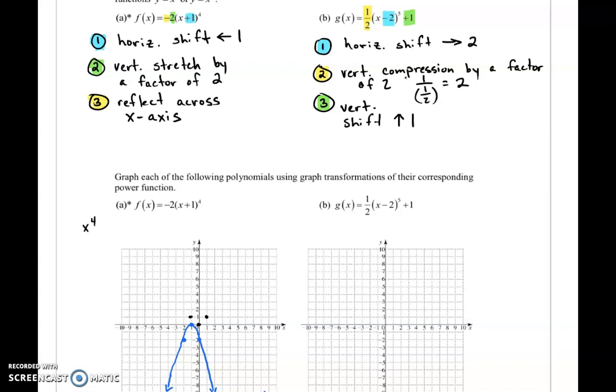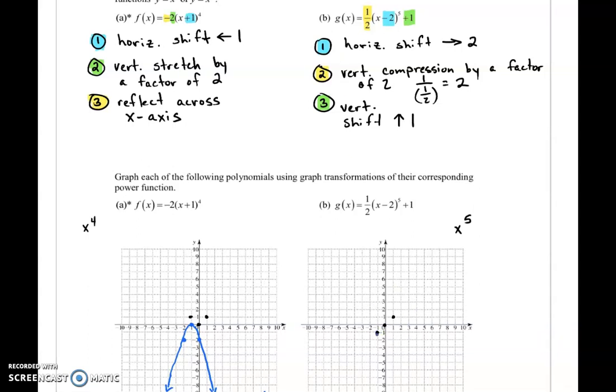So if we start with our 3 basic points for x to the 5th, we would have -1, -1, 0, 1, and 1, 1. So let's move those points following the transformations.